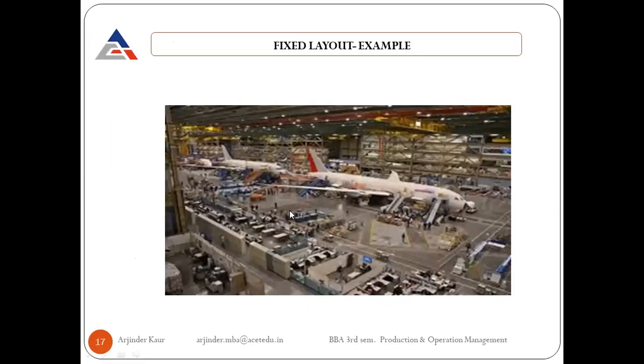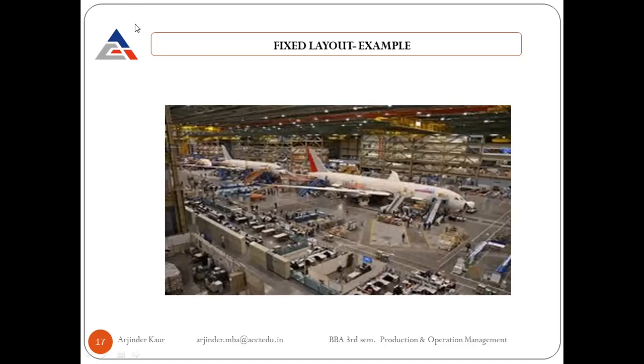This is an example of fixed position layout, because the aircraft that needs to be manufactured is huge in size. It just cannot be moved from one stage of production to another. It would be very costly to move the product between stages.